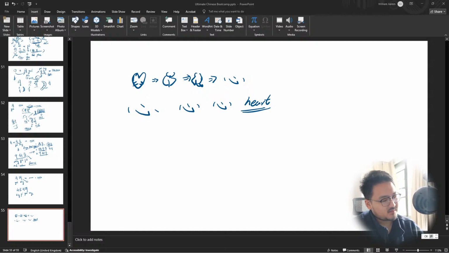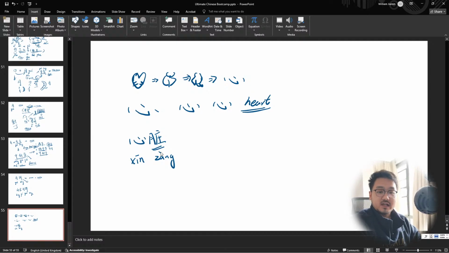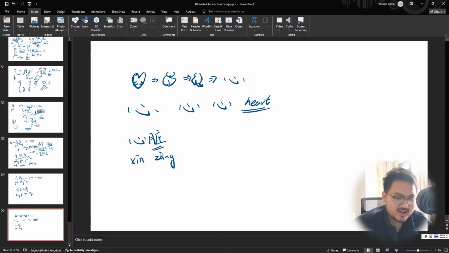But when we talk about the heart, we use a combination of characters. We don't just call it 心, but rather 心脏. 脏 is like an internal organ, so we have the expression 五脏六腑, like five organs and six organs. That's too technical, but if you want to say the specific, autopsy kind of expression, you should say 心脏 rather than just 心.